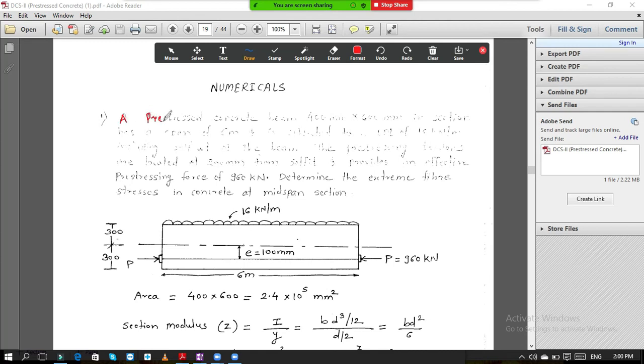Stress in a concrete beam. The size is 400 mm by 600 mm. And the span of the beam is 6 meter.